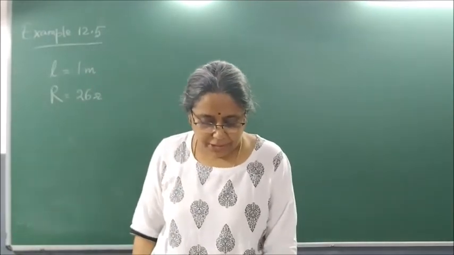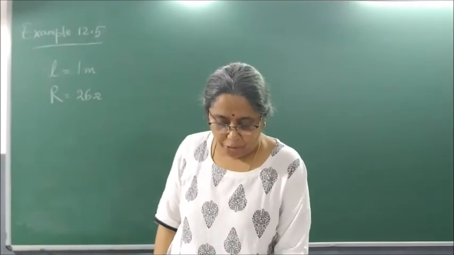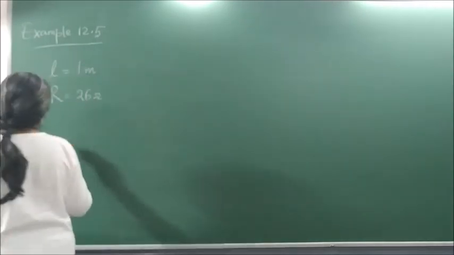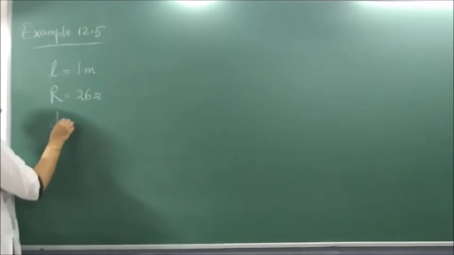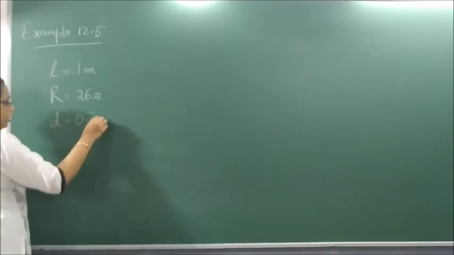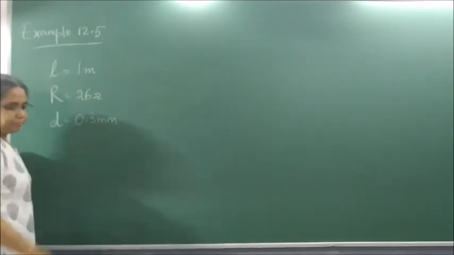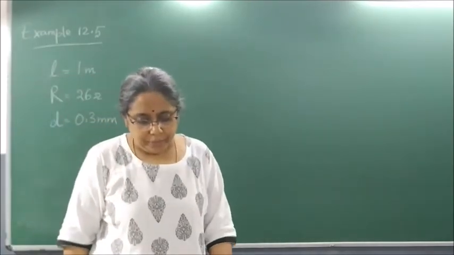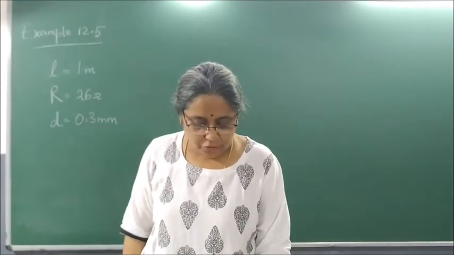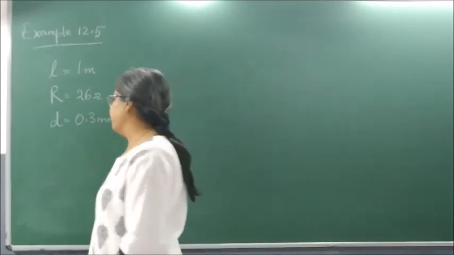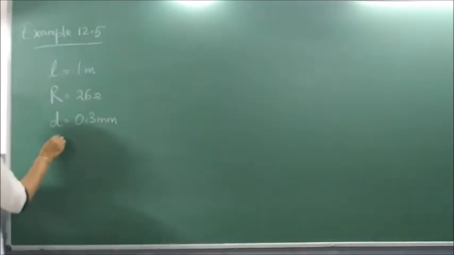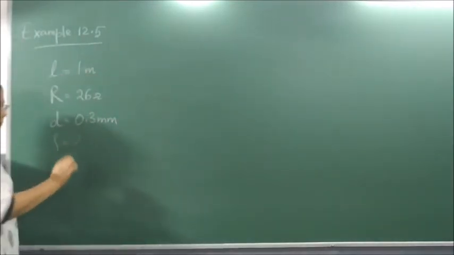If the diameter of the wire is 0.3 mm, what will be the resistivity of the metal at that temperature? So we have to find the resistivity, rho.